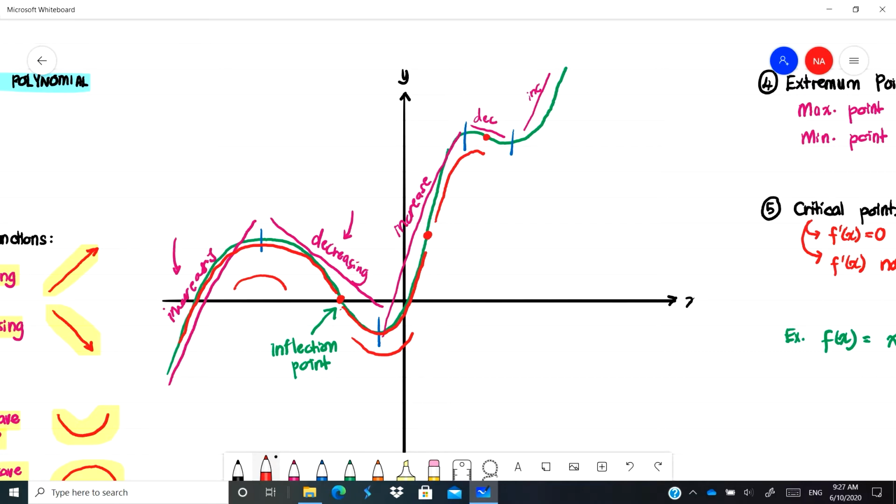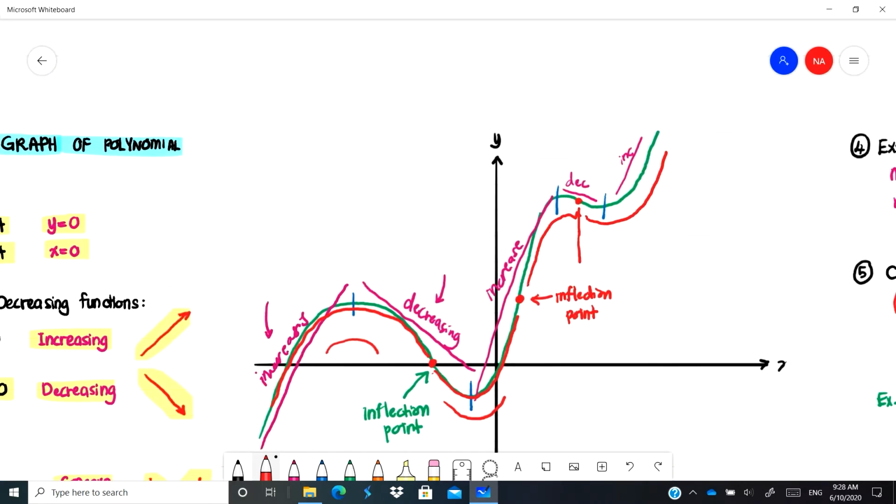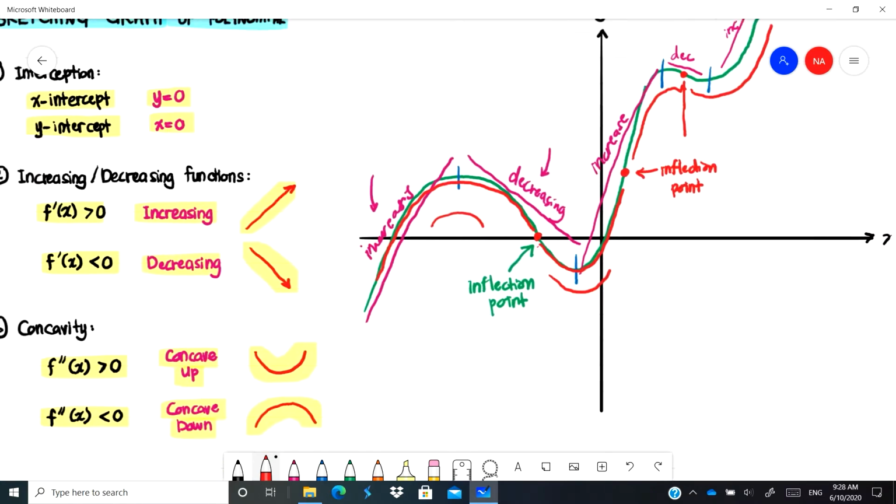We still call this an inflection point, because the concavity is changing from concave up to concave down. This is also an inflection point, because the concavity is changing from concave down to concaving up. So that's the concavity and also inflection.